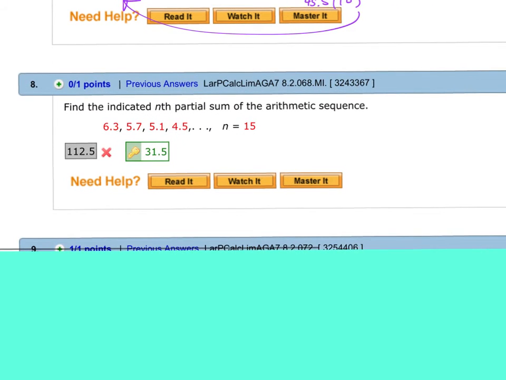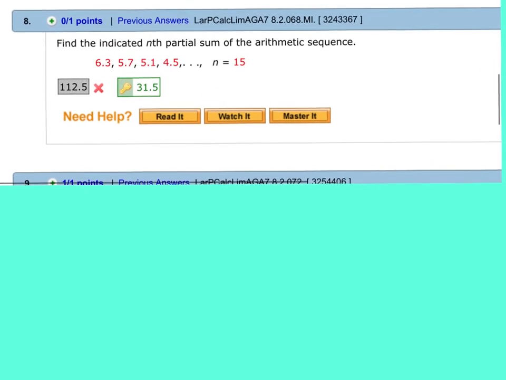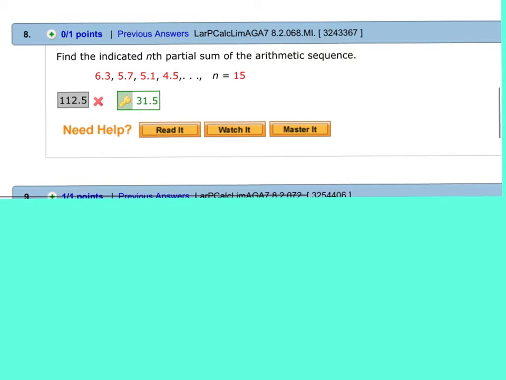Number 8 here says find the indicated nth partial sum of the arithmetic sequence. So the first thing I have to do is notice it's arithmetic and it says partial sum. I know that formula, because once we get into 8.3, which is geometric, we have a new formula. So you want to make sure you're looking for the word that says arithmetic, or partial sum.